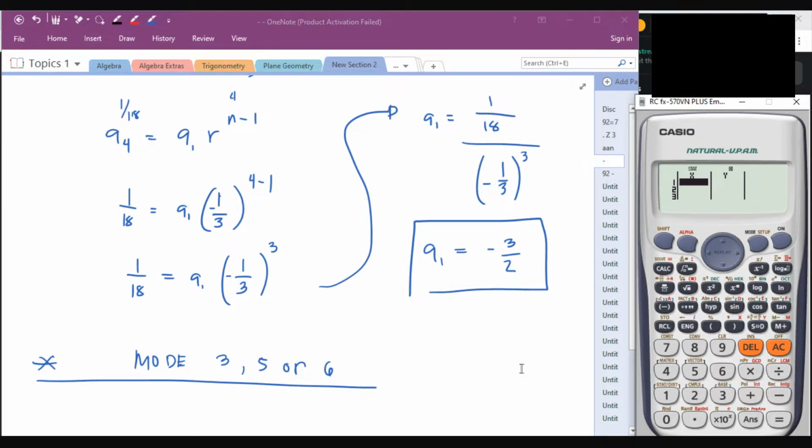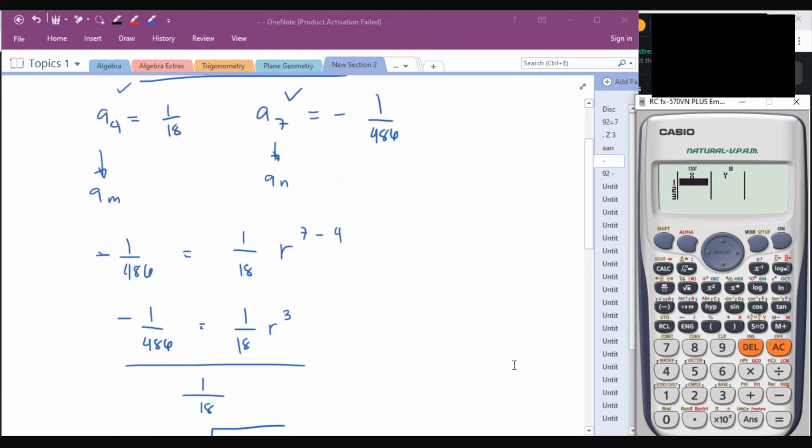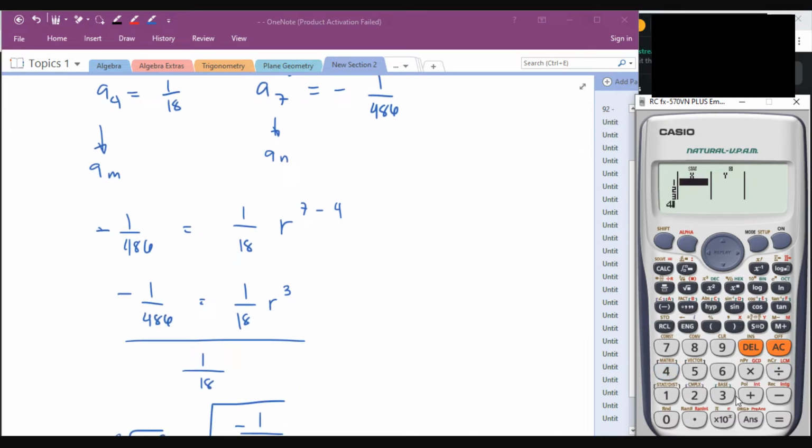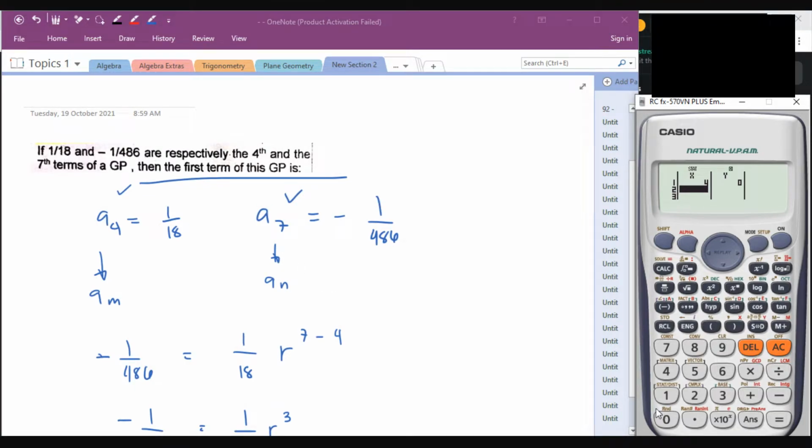Ano yung term na meron tayo dyan? Yung 4. O, 4. Ilagay mo dito yung sumunod na term, 7. Okay. Yung fourth term mo is 1 over 18, or 1 divided by 18, pwede na yun.